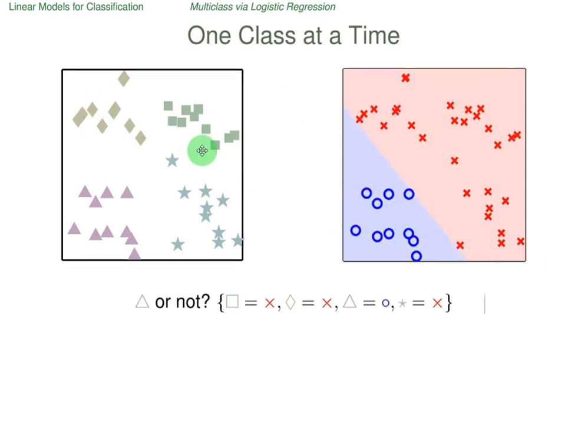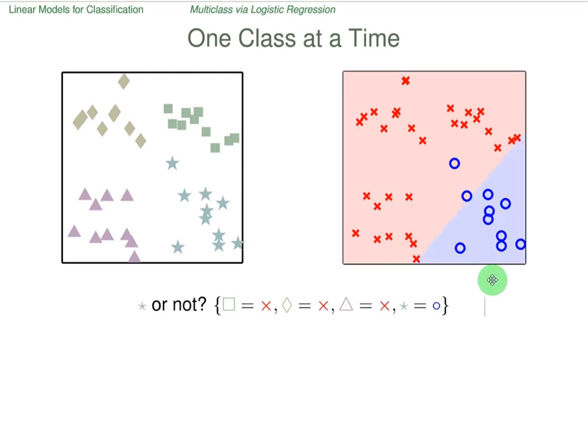Third, triangle versus the rest. We're just decomposing 4 classes into 2, triangle versus the rest, and we learn this hypothesis. Let's call it G3. And finally, train a model to classify star versus the rest, and obtain the following hypothesis.